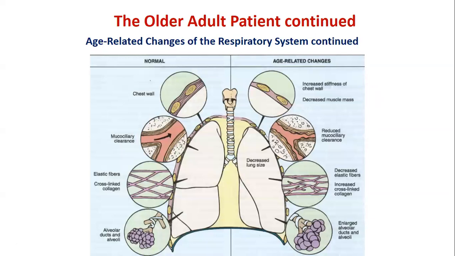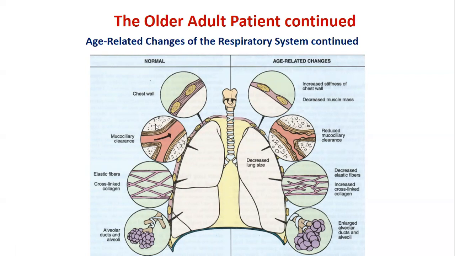Next, in the picture, you can see this is the normal, and this is the age-related change. The chest wall, you see it is thicker, hypertrophied, with increased stiffness of the chest wall and decreased muscle mass.